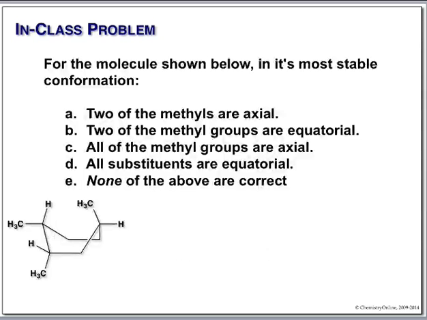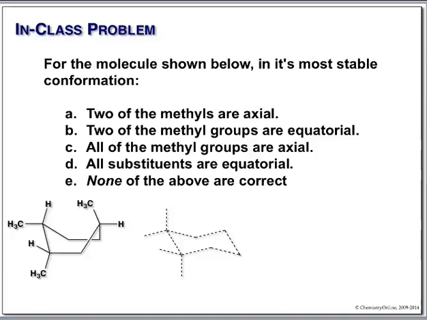Finally, in its most stable conformation, 2 methyls are axial, 2 are equatorial, all are axial, all are equatorial, or none of the above. What I would do is simply take this boat and convert it to a chair. I'm going to take this carbon, bring it down.